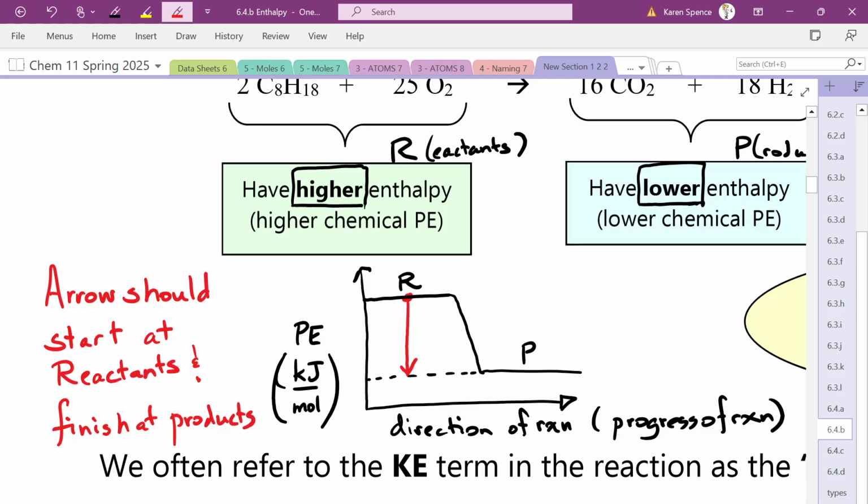When you draw that arrow, that is going to show you the sign of delta H. It's going to show you the sign of the change in enthalpy, whether change in enthalpy was positive or whether it was negative. Okay, so we're going to label this arrow delta H. That is our change in enthalpy, our change in potential energy.